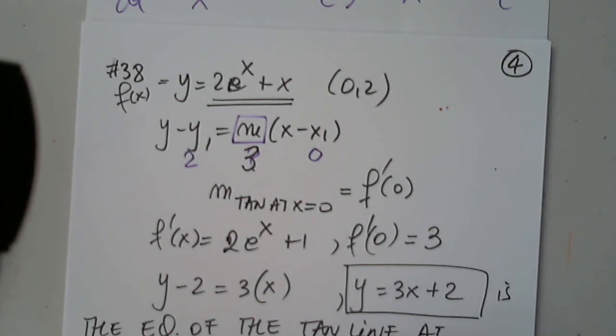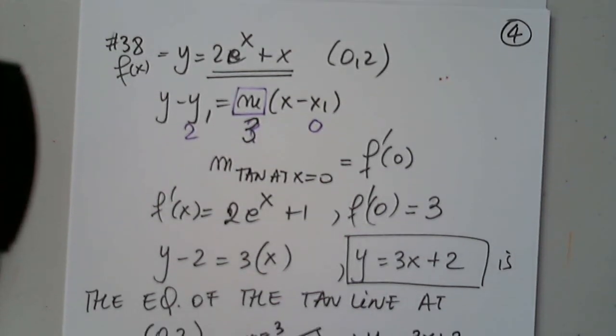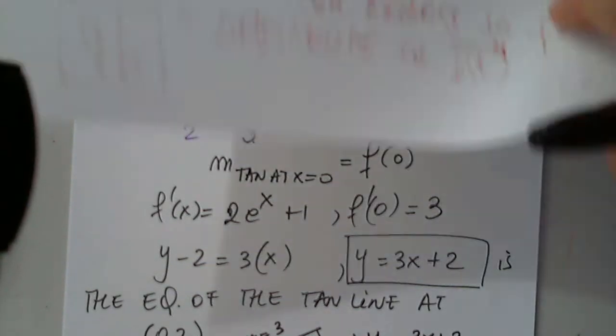So if this is the point 0, 2, this line has a slope of 3 and an equation of 3x plus 2. That's all it means.